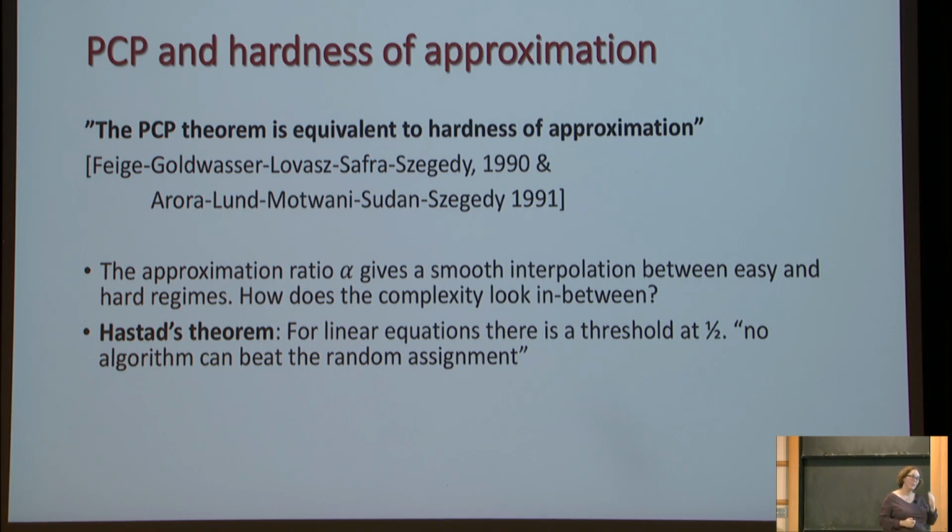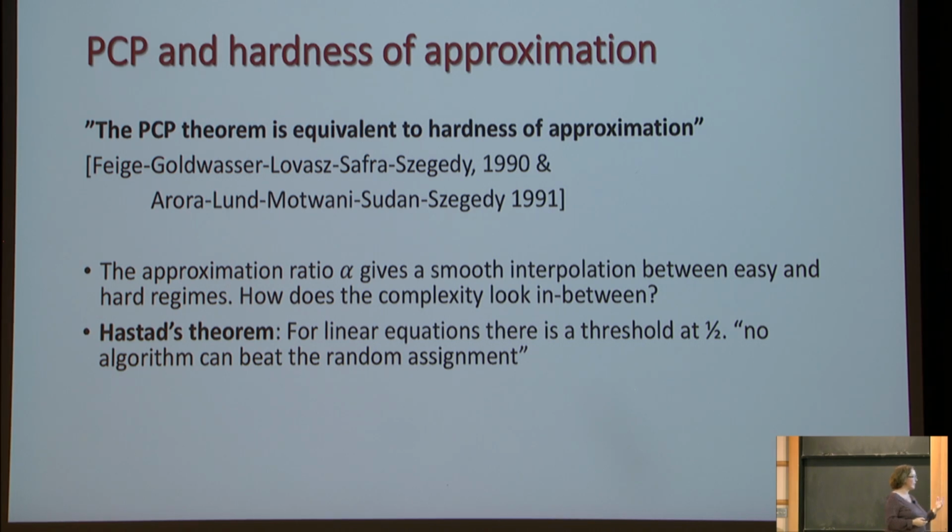If you're over GFP, the hardness would not be 1/2, it would be 1/p. And what is this 1/2? It's because over GF2 you can just select at random. Every variable will get one of two options, and half of the equations will be satisfied. And what Hastad is saying is that nothing can do better than this silly random assignment.